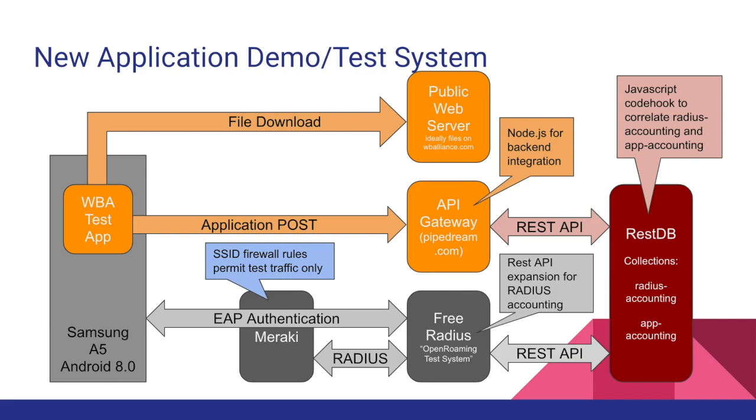Then a REST API sends everything over to RESTDB with collections. So we've got radius accounting collections and app accounting collections with JavaScript code hooks to correlate the two together.